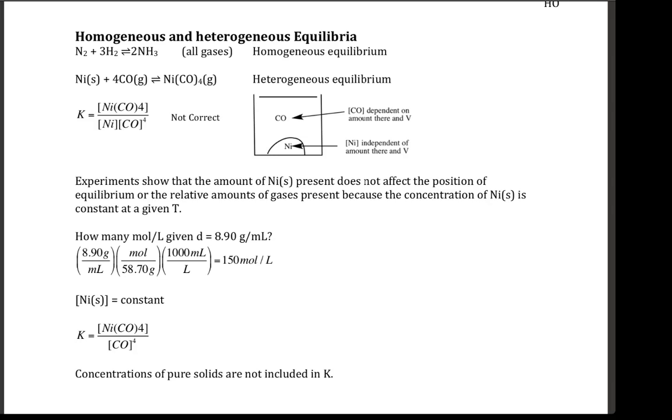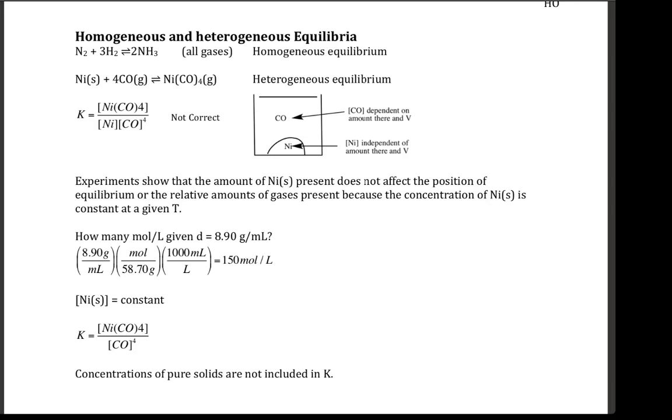We can convert from grams to moles using the molar mass. So we take that 8.90 grams per mL and we multiply by 1 mole over 58.70 grams, that is the molar mass. We see the grams cancel out, and now we have moles per mL. Well, if we want molarity, then we're going to convert the mLs into liters.